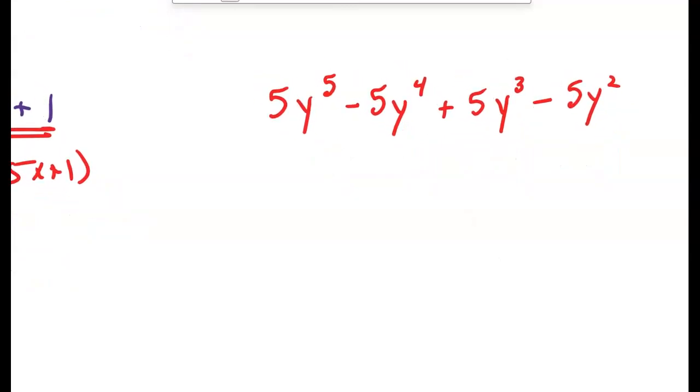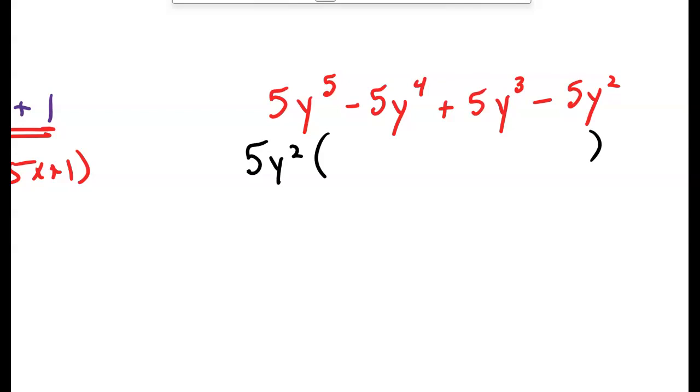It's a push, but I think you guys can do it. What do you do first? All right, take out a what? The rule doesn't change. Always look for a greatest common factor first. Is there one here? What is it? So I'm taking out a 5y squared.